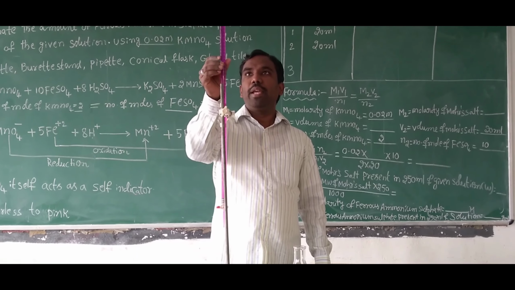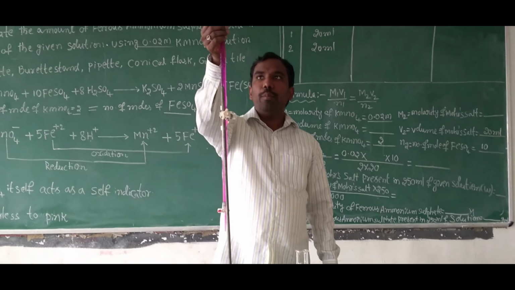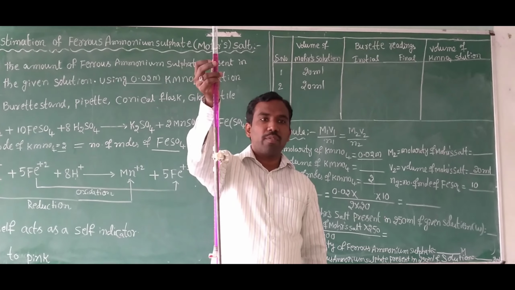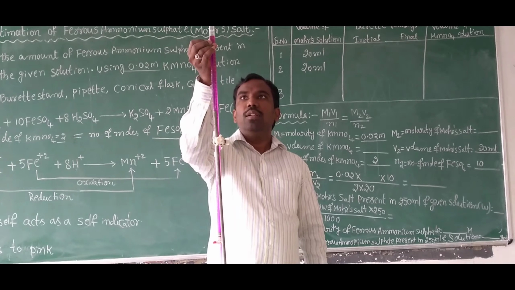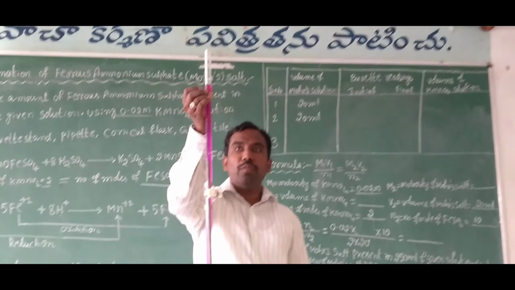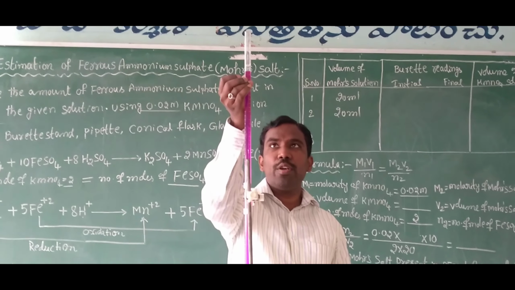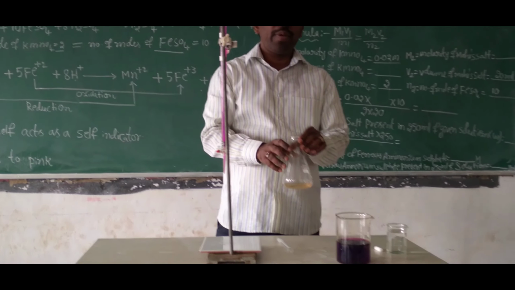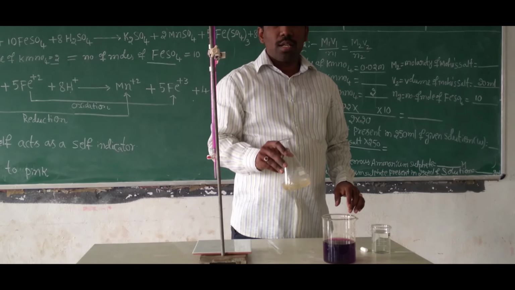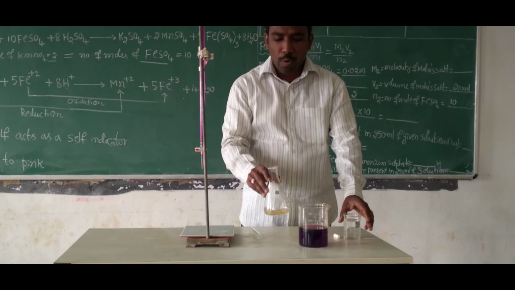Now I am taking potassium permanganate solution in the burette. For a colored solution, we mark the upper meniscus. We have to make the zero value coincide with the upper meniscus. And in the conical flask, I am taking the Mohr's salt solution, 20 ml, which I have already prepared.